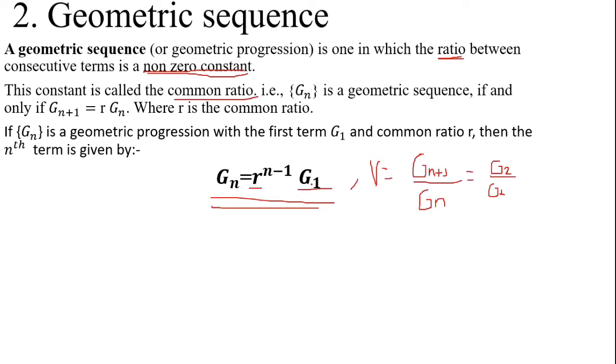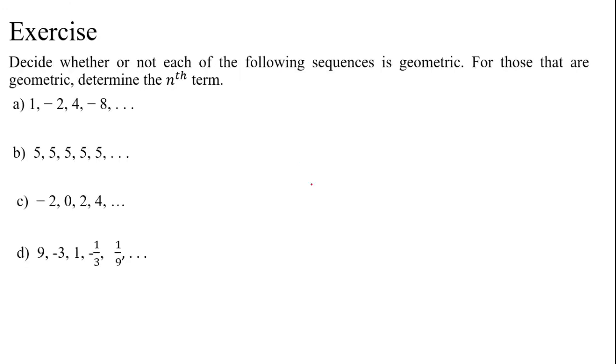So let's do some exercise on this type of sequence. It says decide whether or not each of the following sequences is geometric, and for those that are geometric, determine the nth value. So here there are two questions. The first one is just to identify whether a sequence is geometric or not.